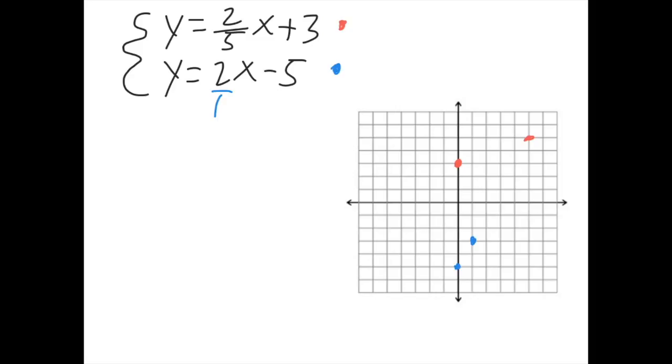Now, you can probably tell by looking at it that if we draw a line, these will end up intersecting. But we need to find out exactly where they intersect. So we want to continue these lines until we find out where they intersect.